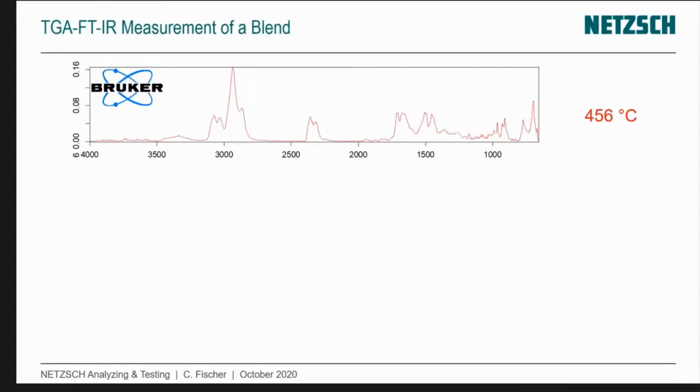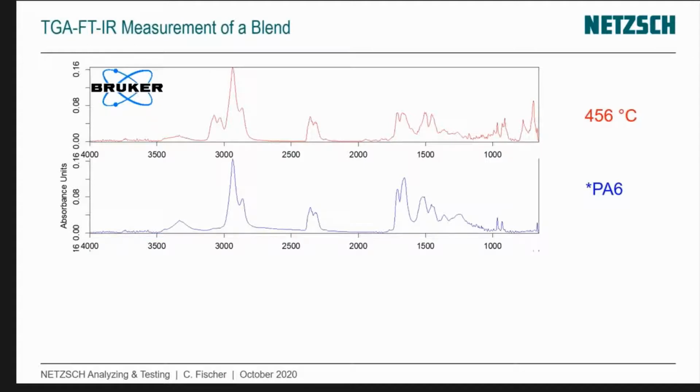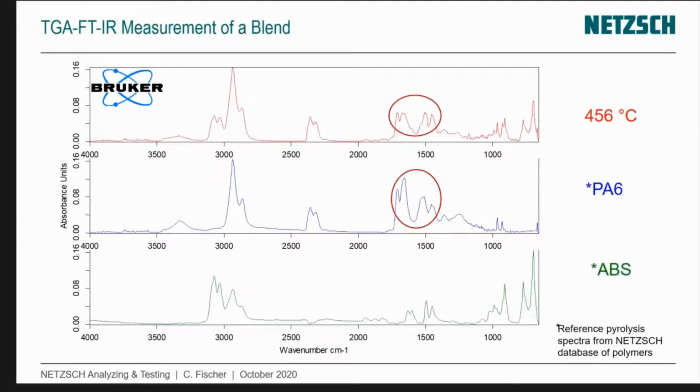This comparison gave some unique vibration bands typical for PA6 in the wave number range between 1400 and 1700 reciprocal centimeters, which are marked with red circles. Additionally, significant similarity was found to ABS at 2 points of the spectrum. You see them with the green circles. So it can be concluded that this blend consists of PA6 and ABS.